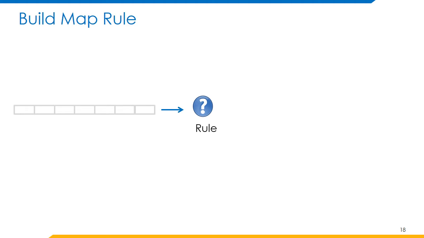For example, the data to be loaded into the identity cubes contains casing problems, like some data having uppercase, some other data having lowercase. Using build map rule, we can consistently enforce same casing across the dataset.